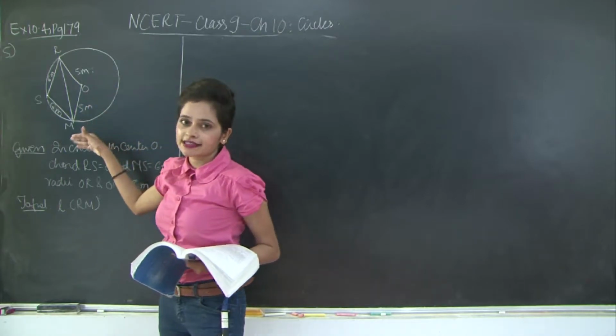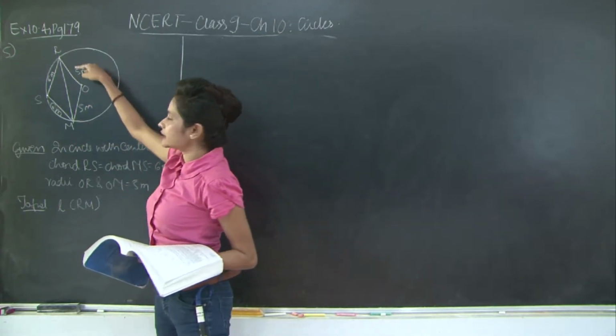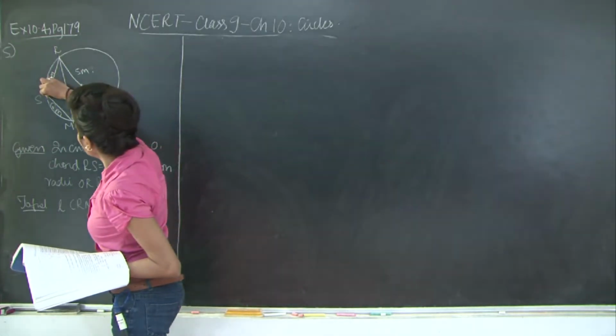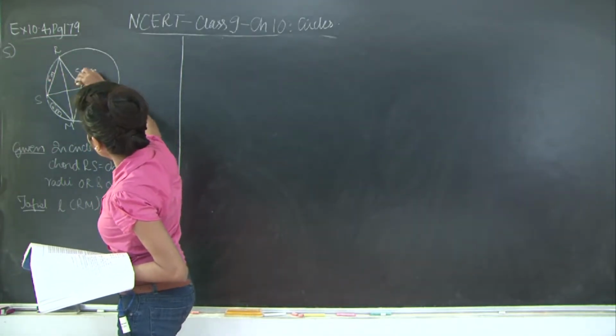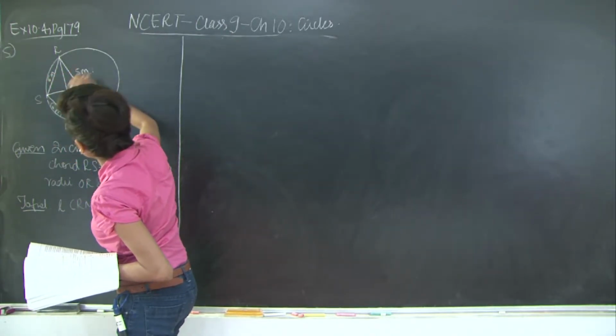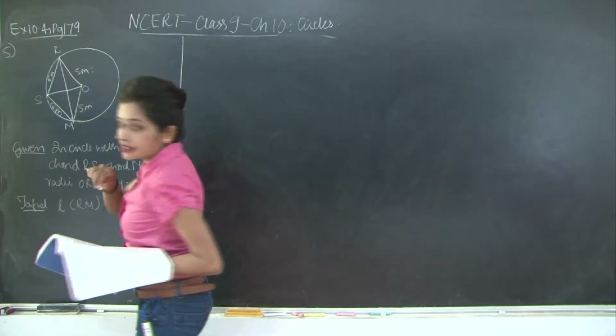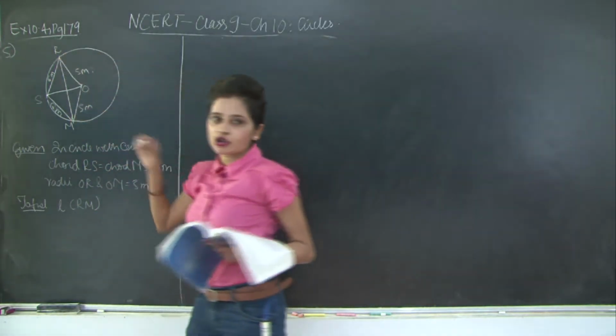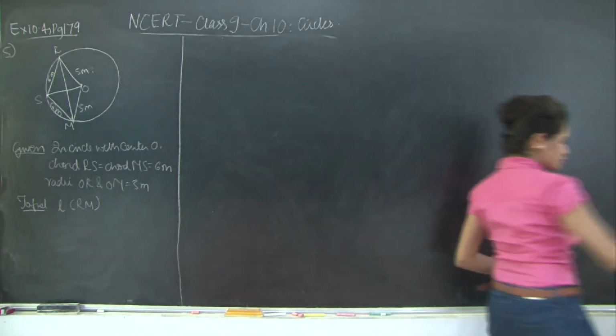What do we know about the radii of the circle? They are equal. Each of these radii is 5 meters. Even this radius out here, OS, is also going to be 5 meters. Right? Now I need to find the length of RM. So I am keeping the book aside and we will see how to prove this.